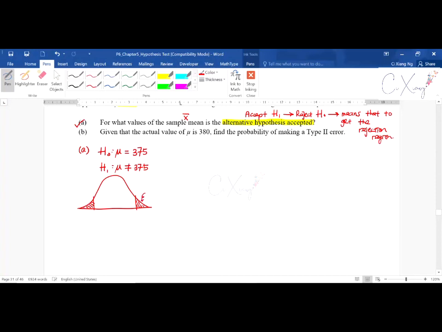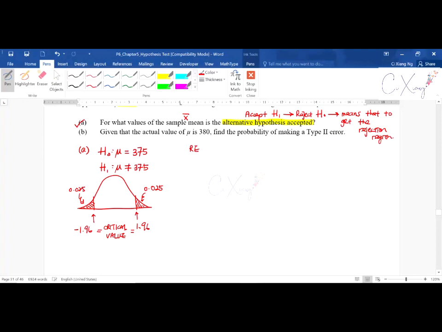So each should be 0.025 of the area. Then, by finding the critical value on your own, what is the critical value here? If you didn't make any careless mistake, the critical value will be 1.96 and also negative 1.96.